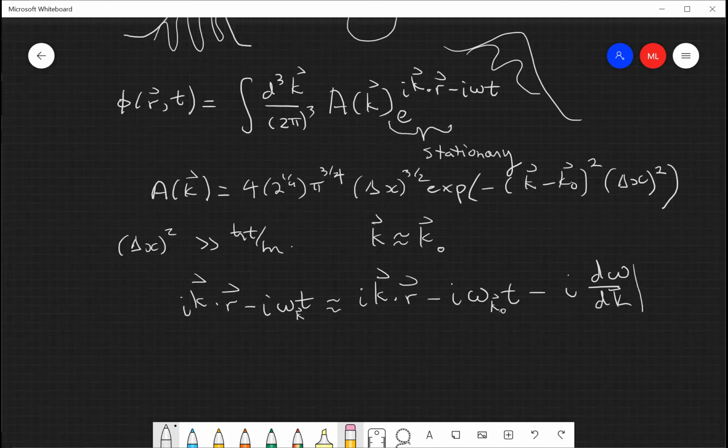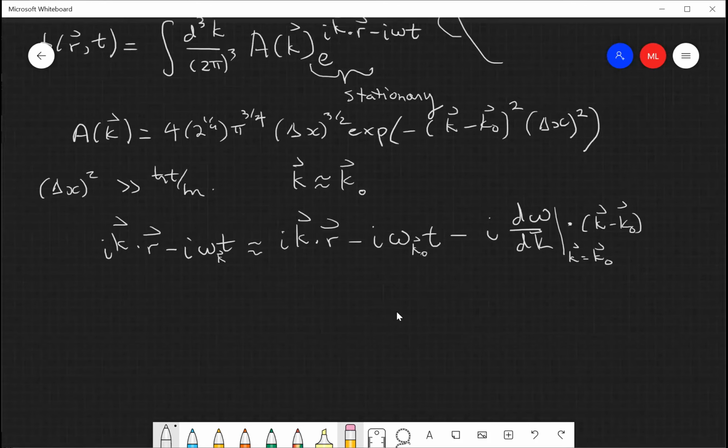So you take its derivative with respect to k and evaluate it at k equals k naught. And then this would be the first term. And of course, this is a gradient, like a gradient in the k direction. And you would dot that into k naught, and this is times t. You get the higher order terms, but you drop those.